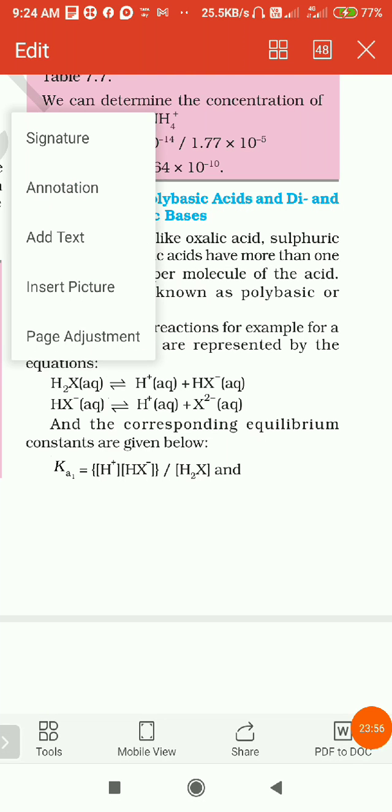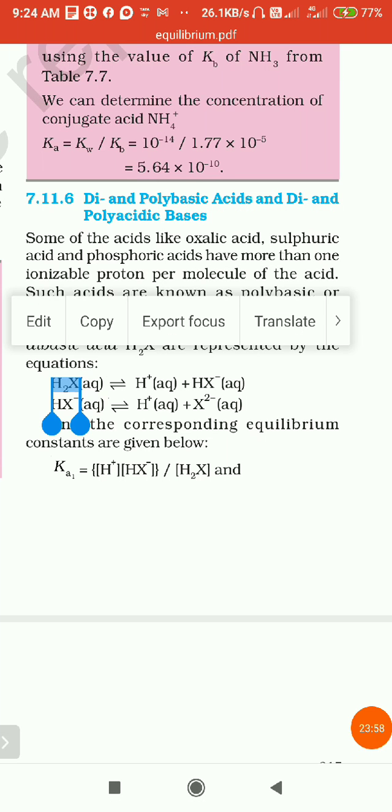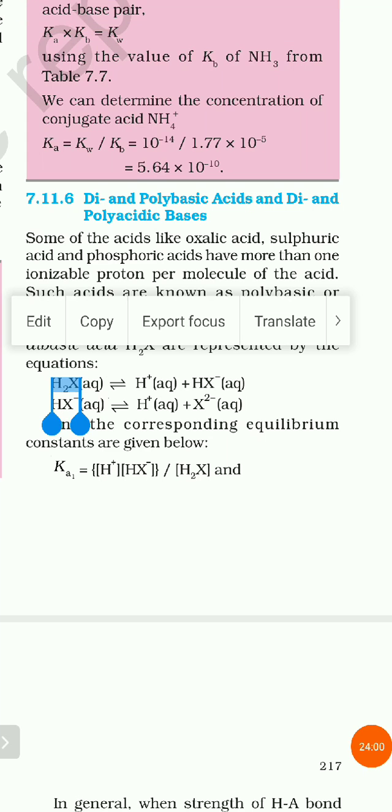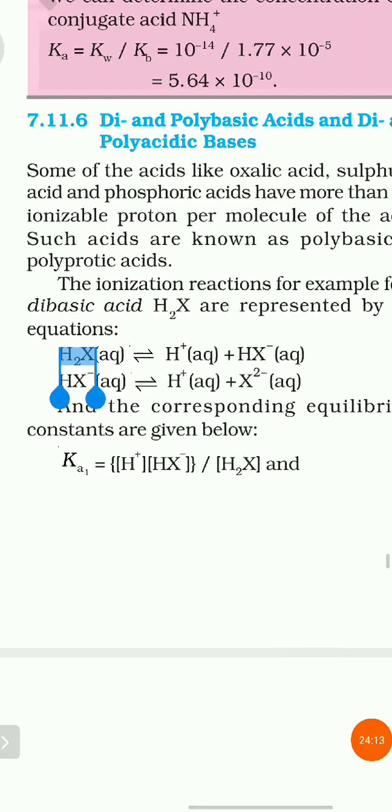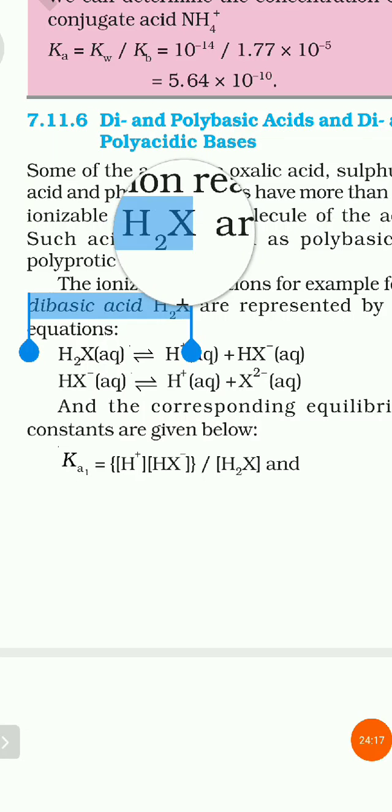For example, H2X, such as H2S, where X is some halogen or some other group. Take the general equation for a dibasic acid.